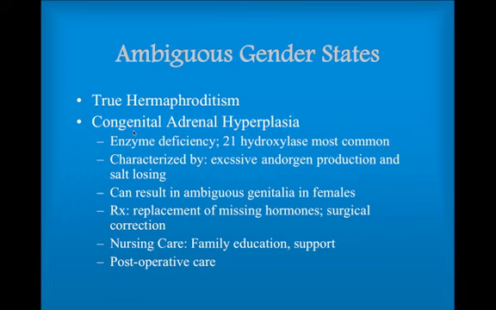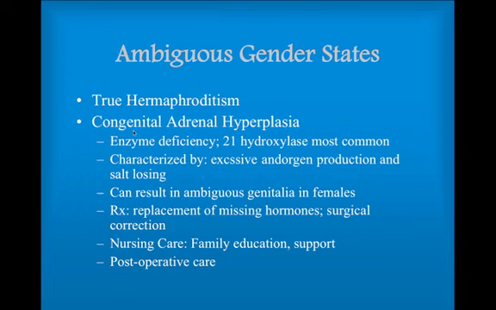And when they are stressed, they can become hypotensive. They also don't have obviously good regulation of the sodium in the body. This can also result in ambiguous genitalia in females.